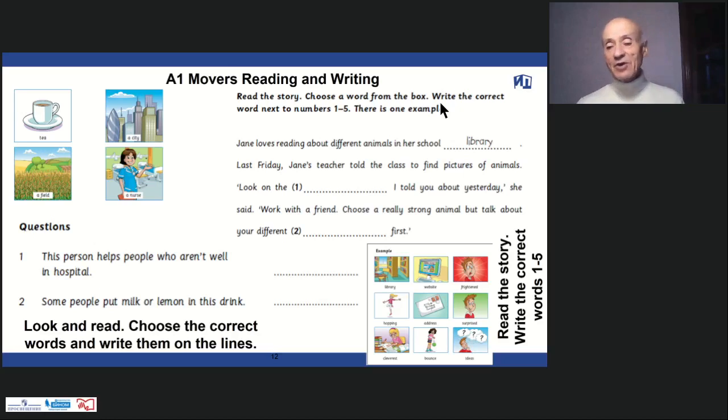And you've got to decide on what to choose. As for example, as you see, the words in the box are below the text. Look on the website I told you about yesterday, she said. Work with a friend.